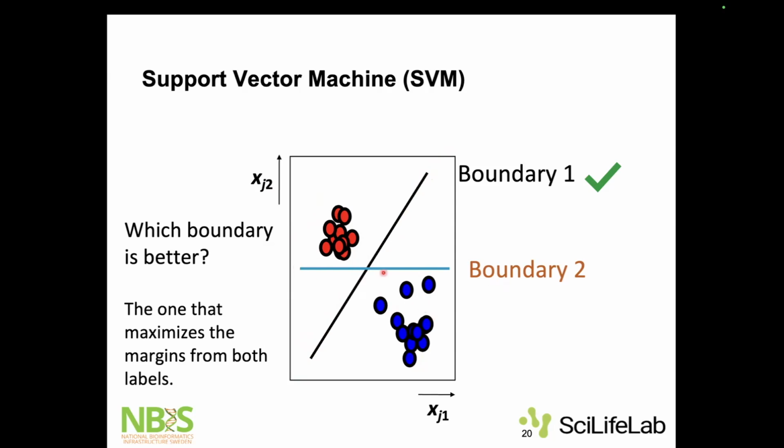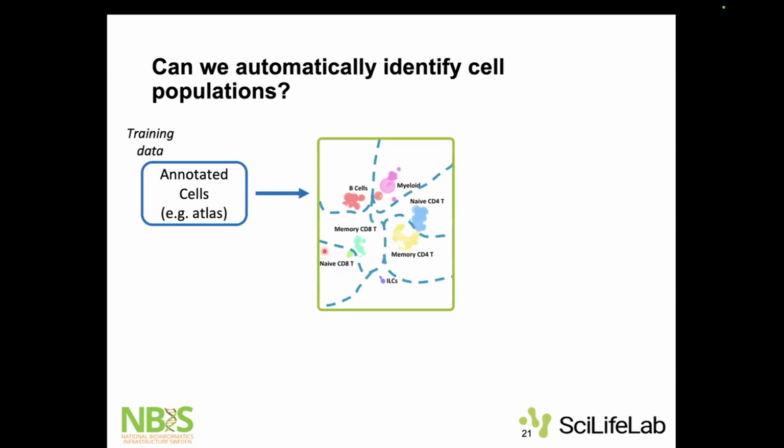But if you have this blue boundary and you get a data point here, and your reference boundary is reference boundary 2, then the classifier will label it as blue. If you remove the boundaries, you will see that this is really closest to the red ones. So it doesn't make a mistake, but it's not correct either. So that's how SVM works.